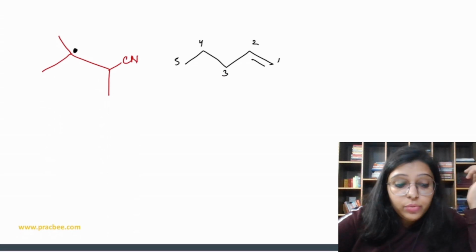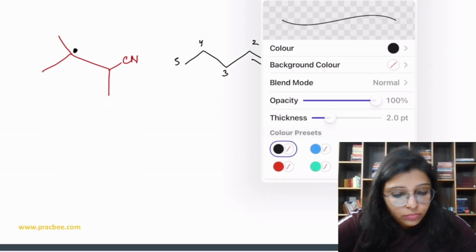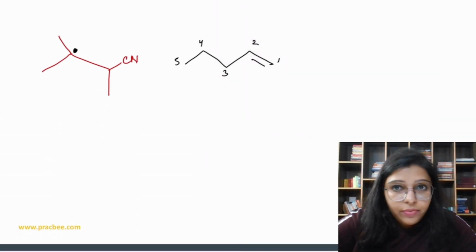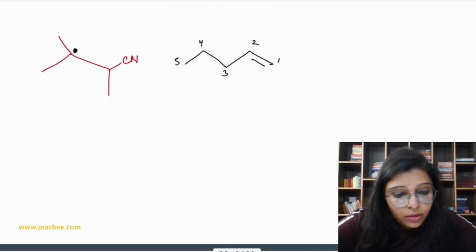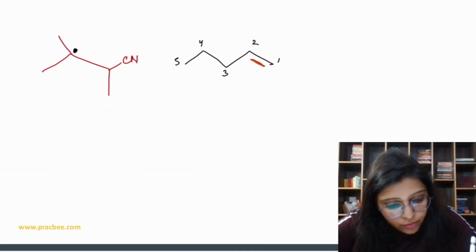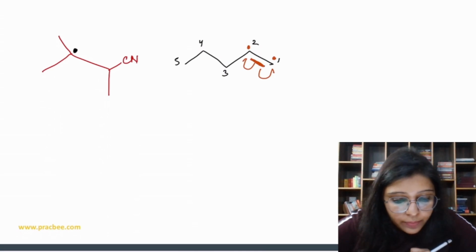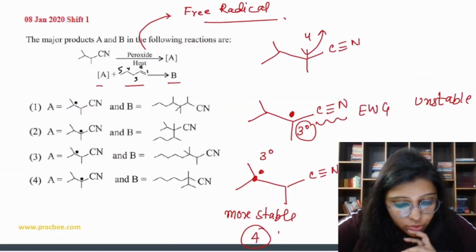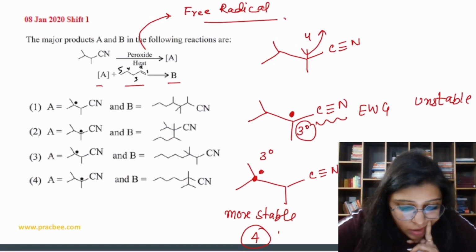Now how to do this one? This is the free radical thing, right? So we just have to do the attack. Now the electron of this bond shifts to this second one. Okay, clear? So it means we have to join.